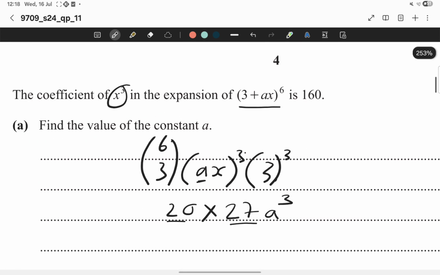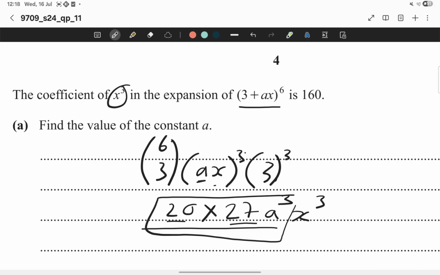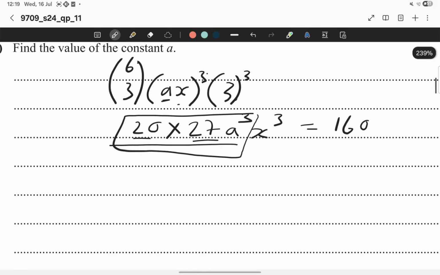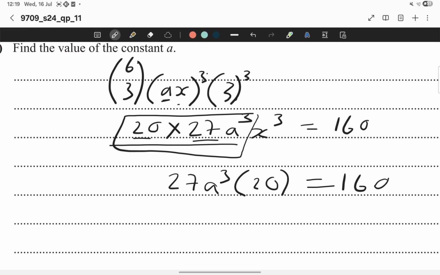And we're told that the coefficient of x to the power 3, which is this part, is 160. So 27 a to the power 3 times 20 is equal to 160.